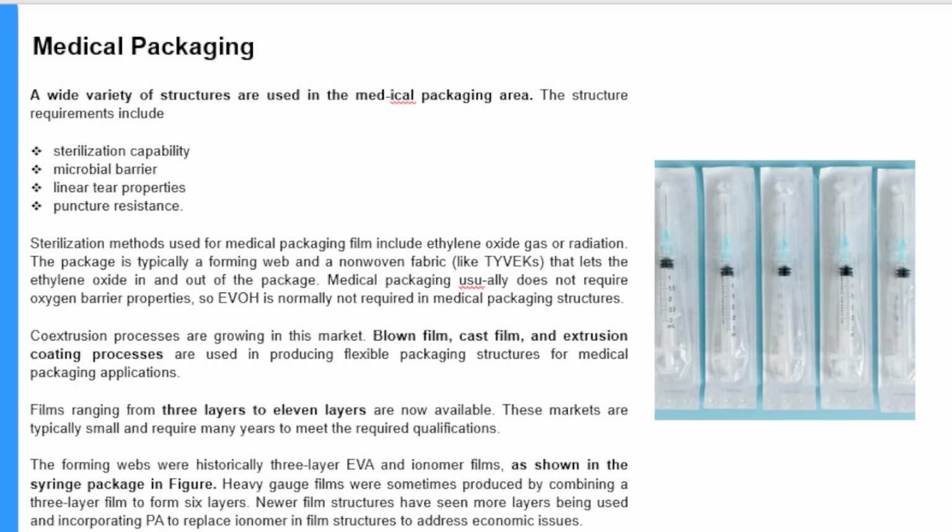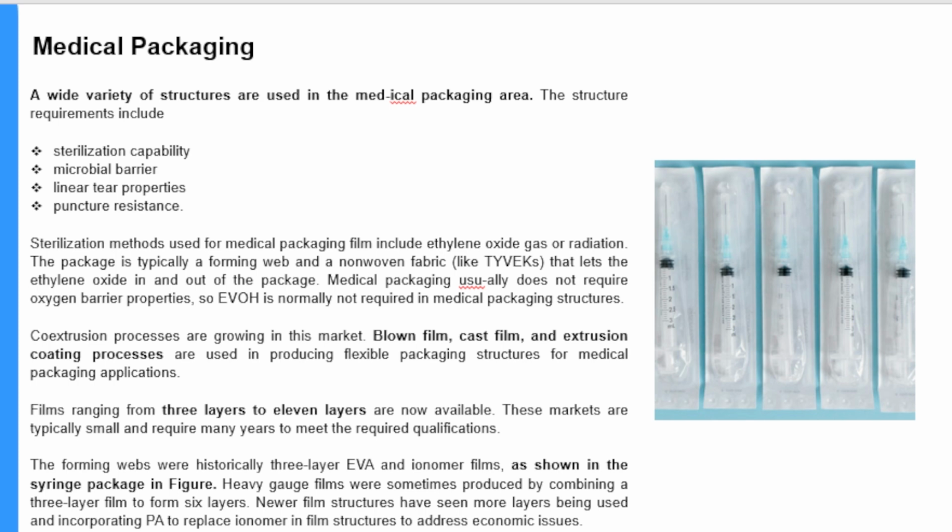Blown film, cast film, and extrusion coating processes are used in producing flexible packaging structures. For medical packaging applications, films ranging from 3 layers to 11 layers are now available. These markets are typically small and require many years to meet the required qualification.